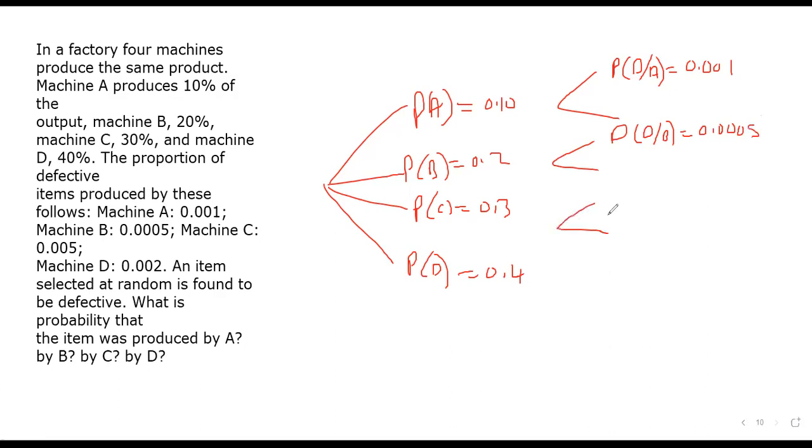Then the probability of defective coming from C is 0.005. And defective coming from machine D is 0.002. Are we getting some sense so far?